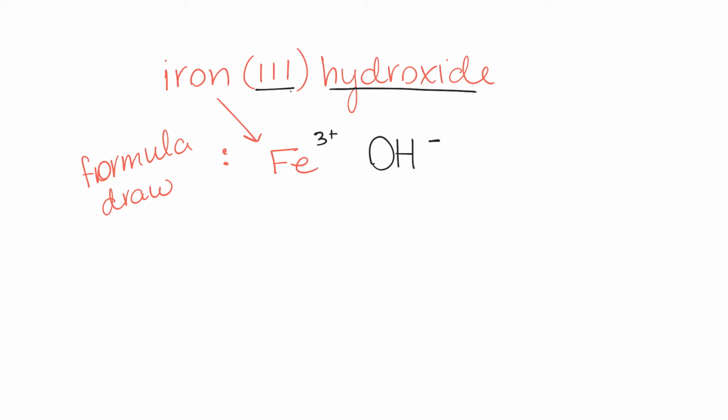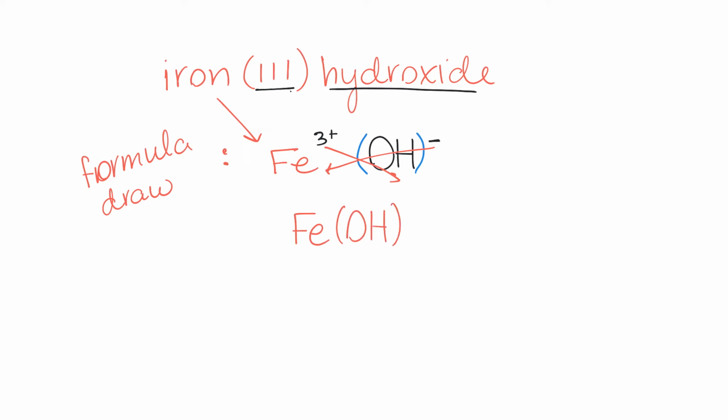So how many hydroxides do I need? It's a lot easier sometimes if you envision it with brackets around it. How many hydroxides do I need to balance my 3 irons? Well, I'm going to use my crisscross method. That means I'm going to need 1 iron, so Fe, and I'm going to need 3 OHs.